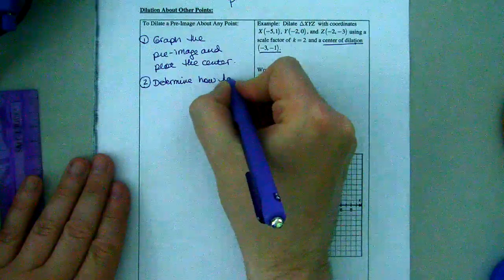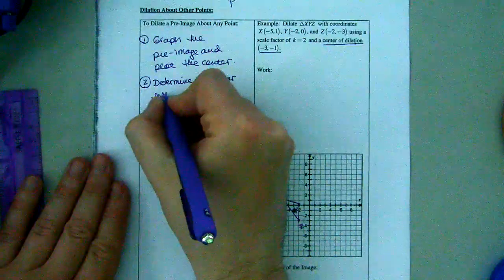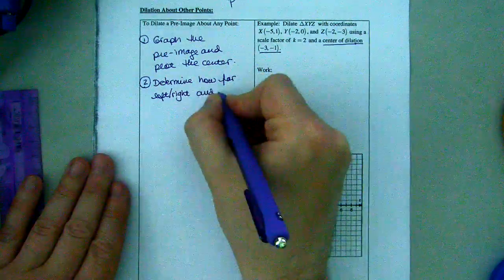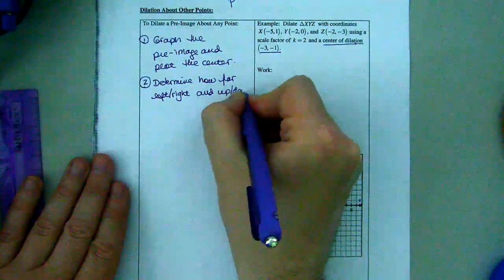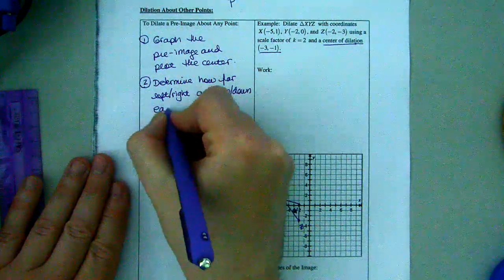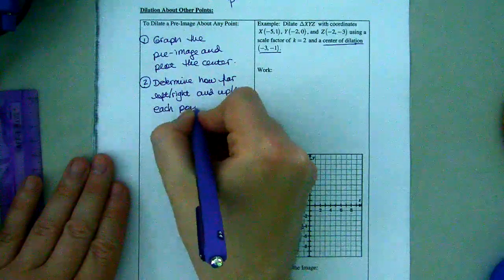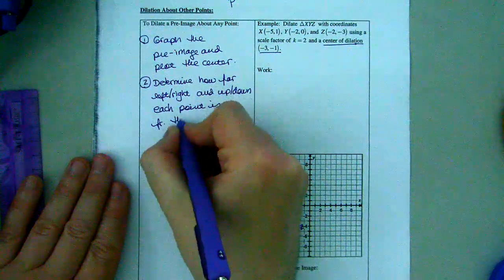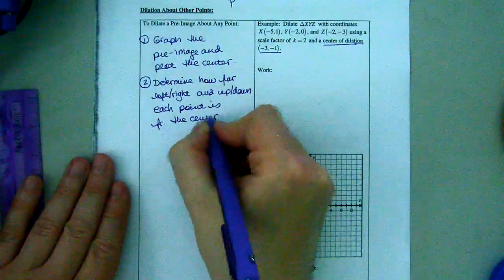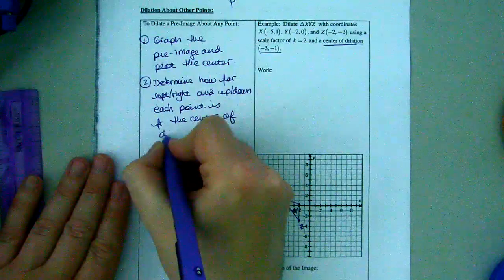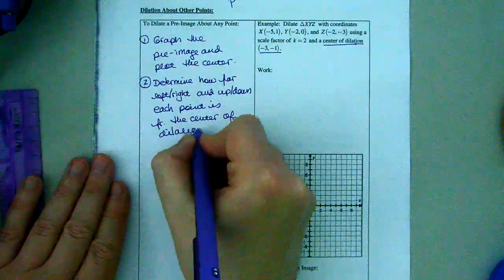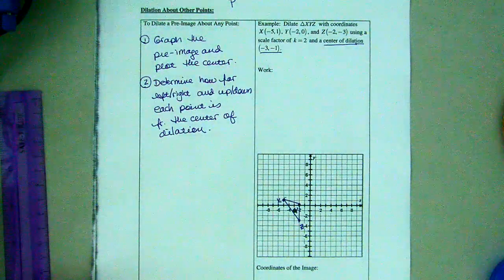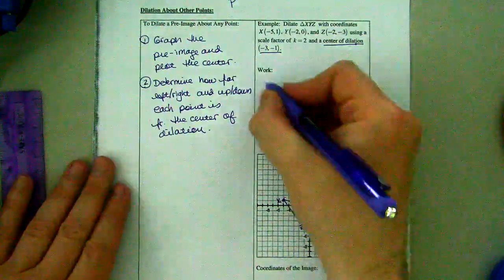Determine how far left or right and up or down each point is from the center of dilation. You might want to pause to get that in your notes. Here's what I mean by this.